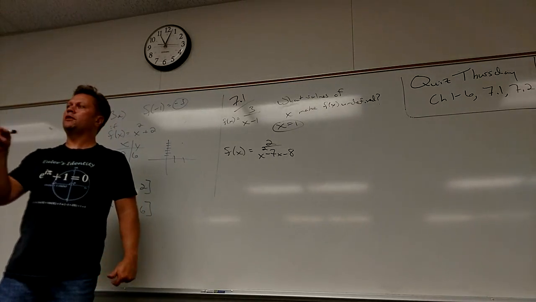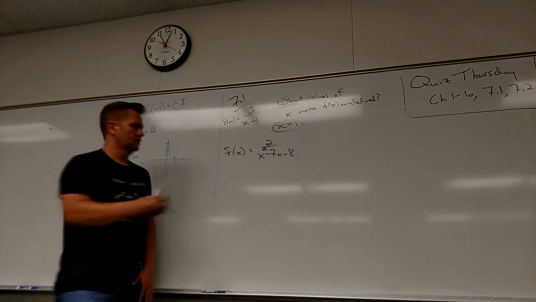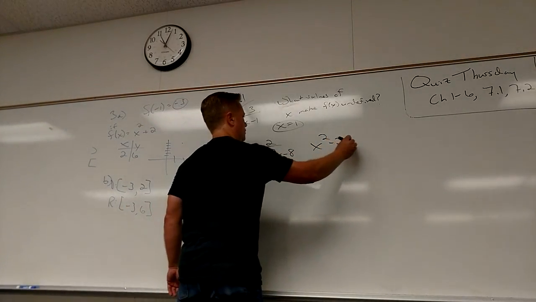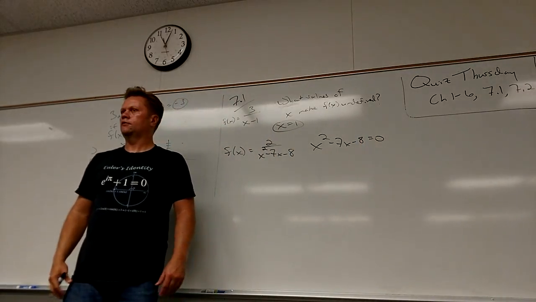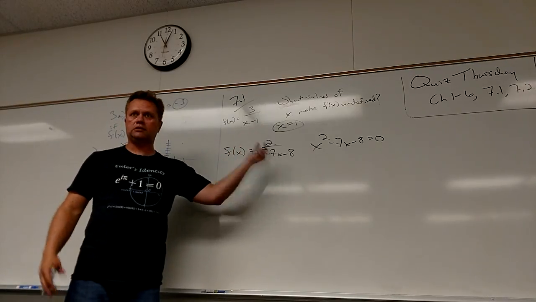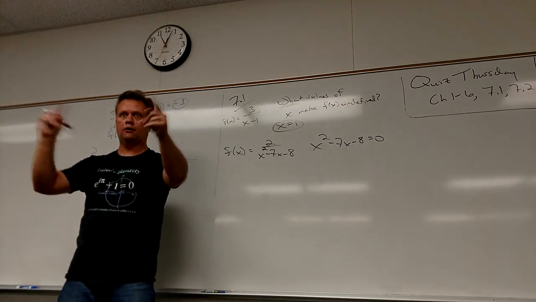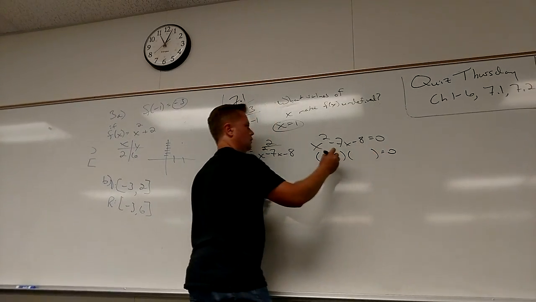So you want to figure out when the bottom is 0. That sounds very familiar. I want to make the bottom 0. How do I figure that out? Factor it. See, this was easy because it just had one piece. This has 2 pieces. If I just knew what they were, I could figure out what makes each of them 0. So what are the 2 pieces here?